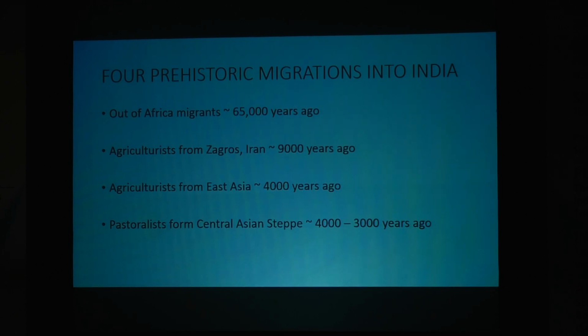Agriculturists from West Asia or from the Zagros region of Iran, which would be on the eastern borders of what's called the Fertile Crescent region. Again, agriculturists. So we were affected by two class 2 migrations, that is Neolithic migrations from East Asia about 4,000 years ago. Pastoralists from Central Asia around, these are the 4 which we'll go into in detail later.